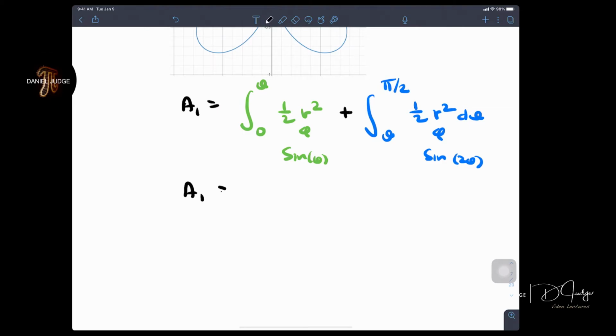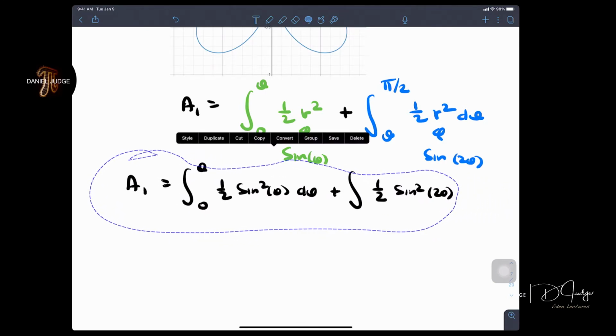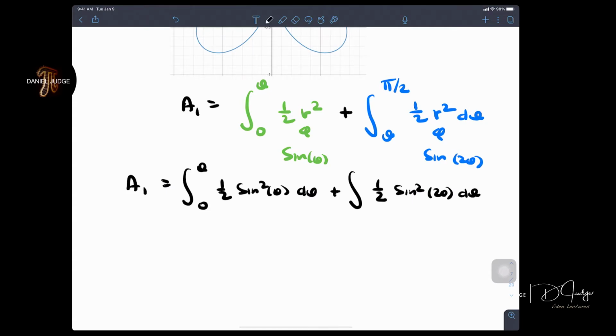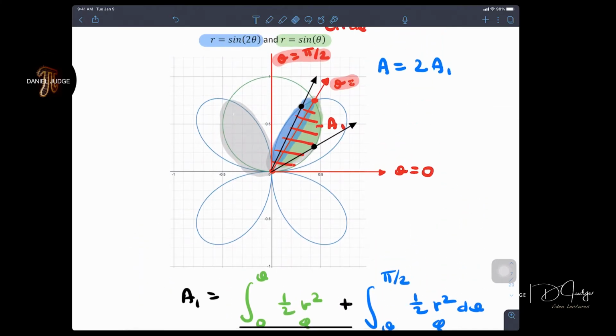Now, A1 then is simply 0 to theta, 1/2 sine squared theta d theta plus 1/2 sine squared 2 theta d theta, because we just squared r. And that goes from that theta to the 90-degree angle, since we're sweeping here counterclockwise. So the question is, what is this theta? That's what we're going to need to find out.